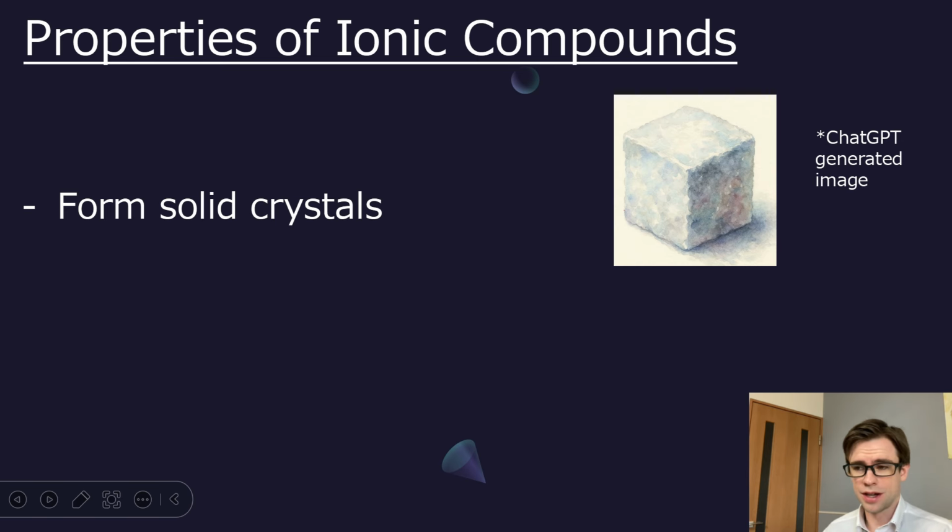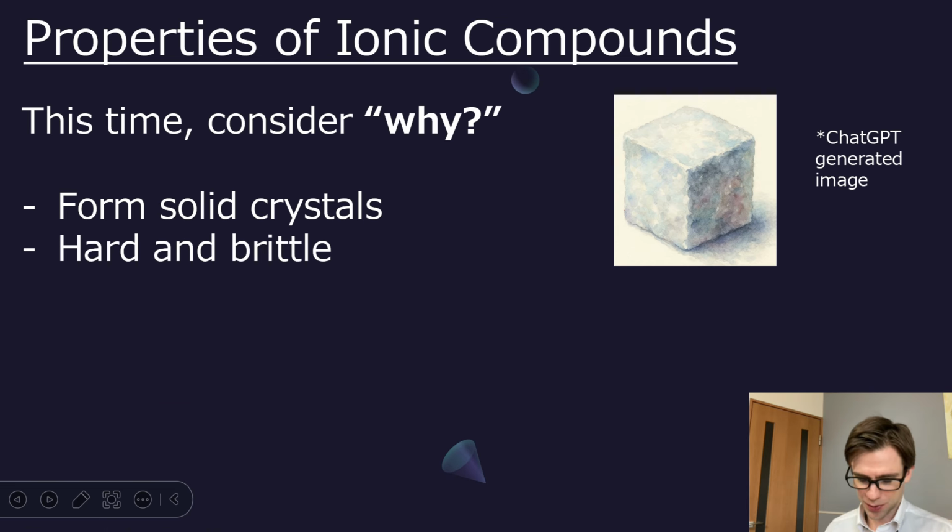So each ion is bound to like 6 other ions around it. Top, bottom, front, back, left, right. So that makes a solid where the particles are not free to translate or shift left and right. They can vibrate a little bit, but not really move out of their crystal structure.